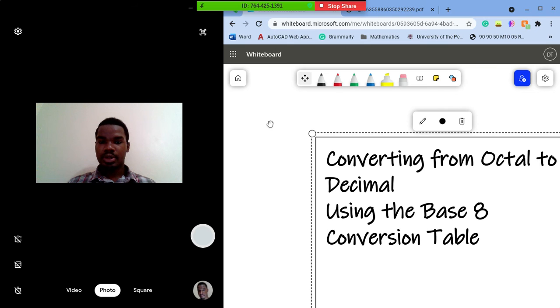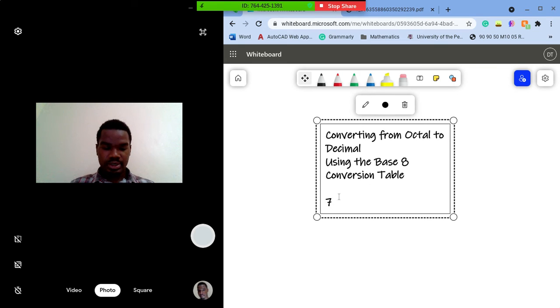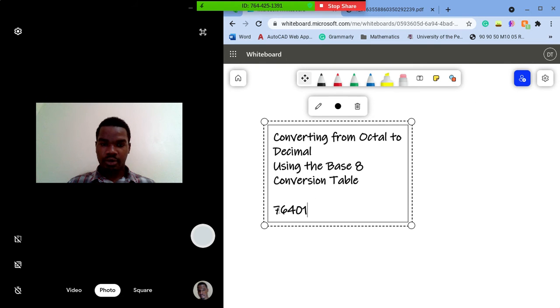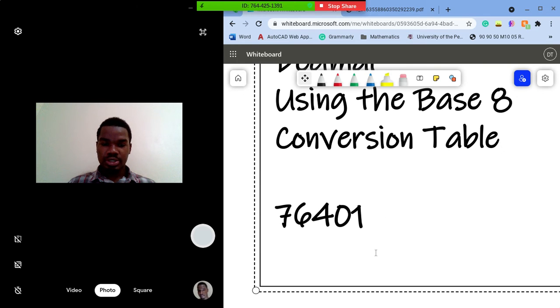Here we go. 76401 has how many numbers? 1, 2, 3, 4, 5. It's a simple trick I told you. You just count the numbers and start from the least, 8 to the 0. Then you have 8 to the 1.